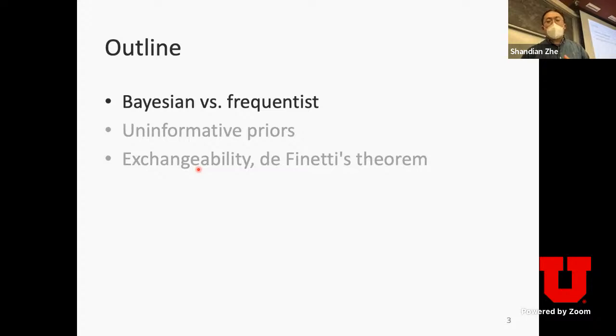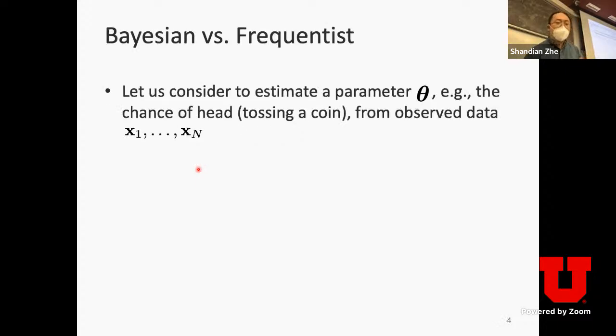Okay, first I want to highlight the difference between the Bayesian viewpoint and the frequentist viewpoint. We can consider our task is to estimate some parameter theta from a set of observations x1 to xn, again using the coin tossing experiment as an example.